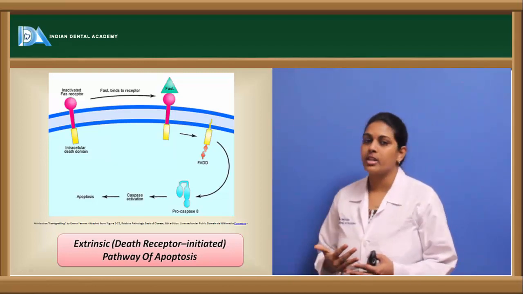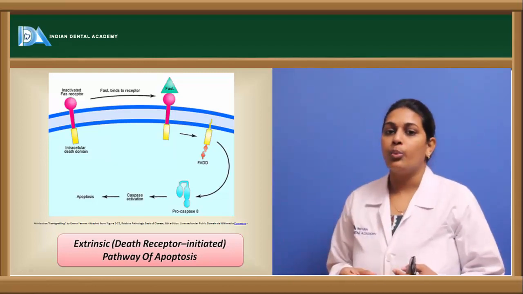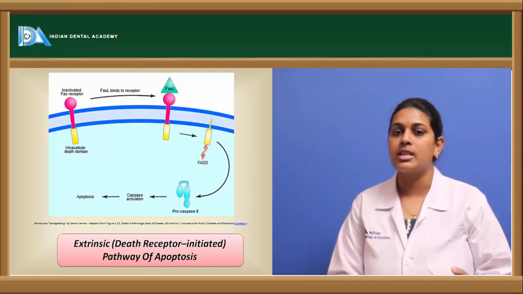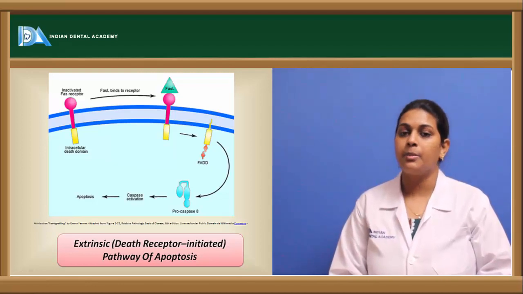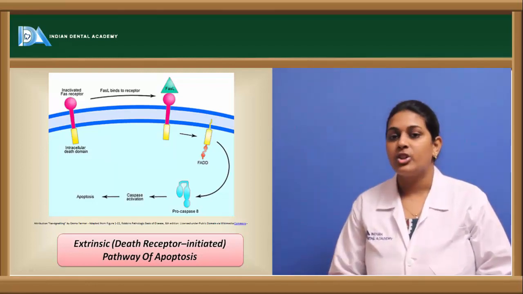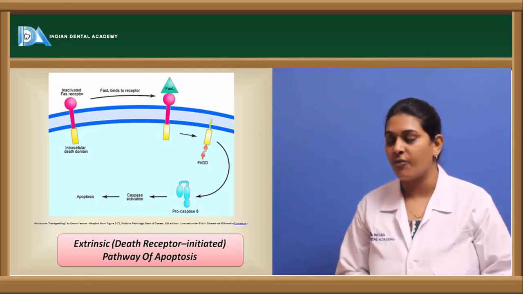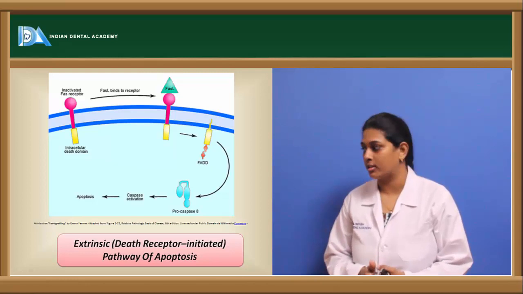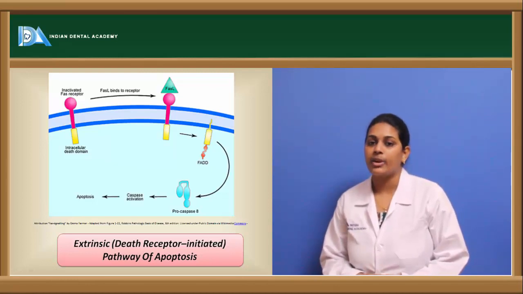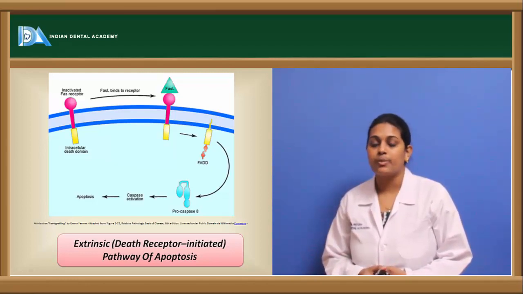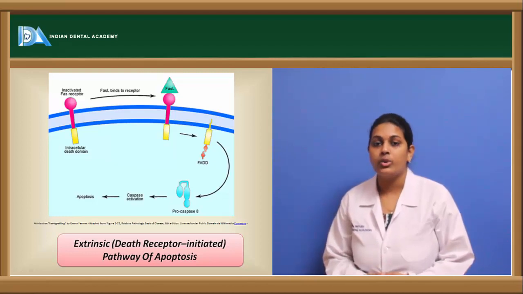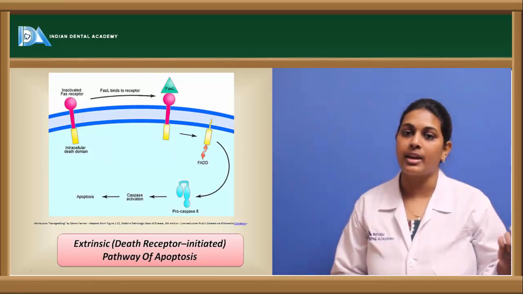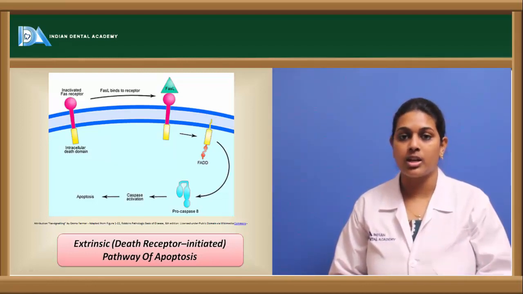This Fas associated via death domain is a structure which constitutes apoptosis stimulating fragment as well as a death domain, which helps in binding of the signals and thereby transmitting the signals for the process of apoptosis. These two bind together and form the Fas associated via death domain, and they cause the activation of procaspase 8. And this procaspase 8 is an inactivated caspase 8.